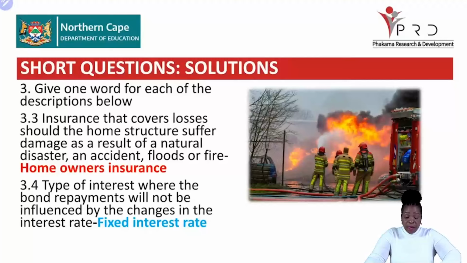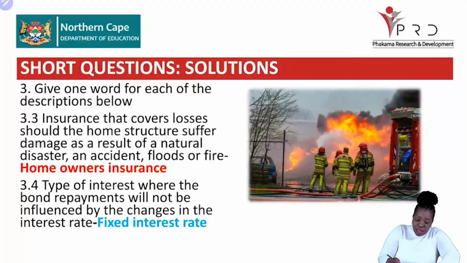Right. Welcome back, learners. 3.3. Insurance that covers losses should the home structure suffer damage as a result of a natural disaster, an accident, floods, or fire. The houses that we live in, anything can happen to the house, right? So what type of insurance should you pay so that in case there is a fire, you should be able to be compensated.